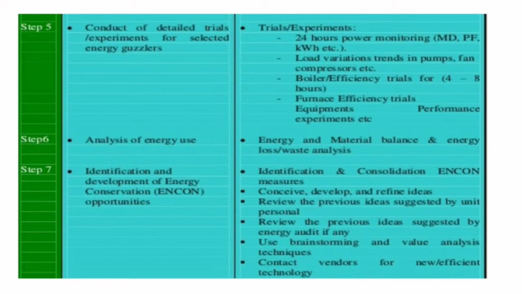They will also go through the ideas which are mentioned in the previous audit, and again they will do the brainstorming in order to improve the quality, and they will go in contact with the vendors of the particular equipment so that there is availability of better efficient equipment. So here also, just pause for a while and go through these steps and you will understand.